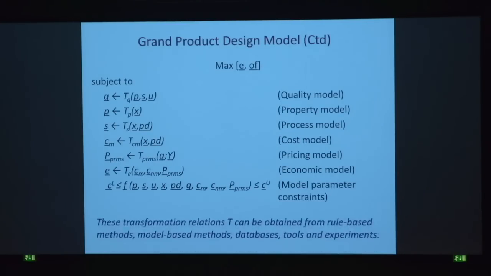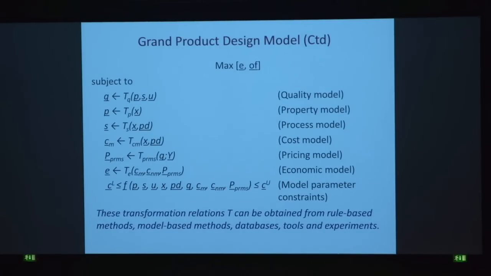But the important point is that in the way we deal with this grand product design model, the transformation is not just equations alone. We use our know-how, our database, our connections to make decisions.